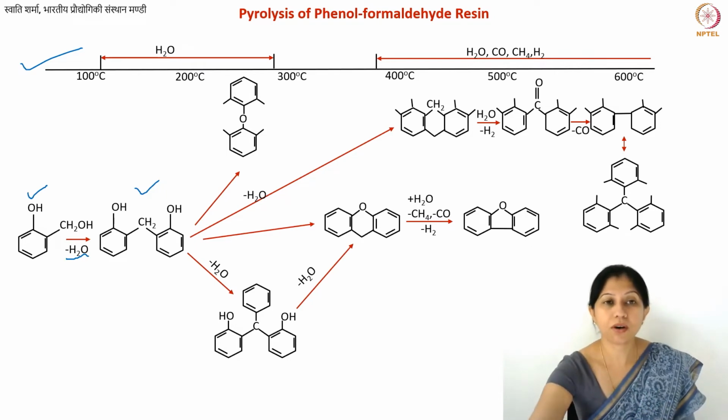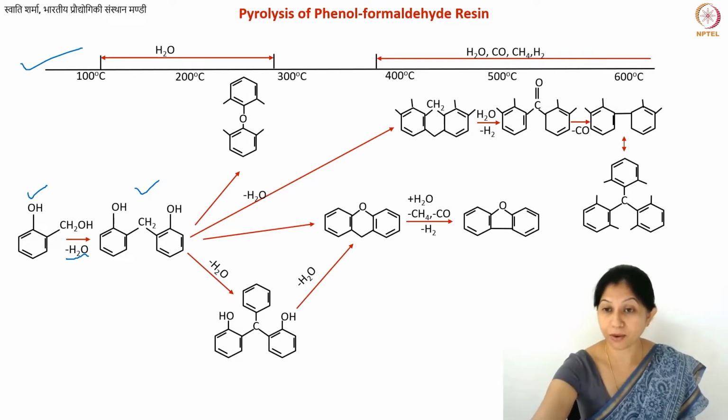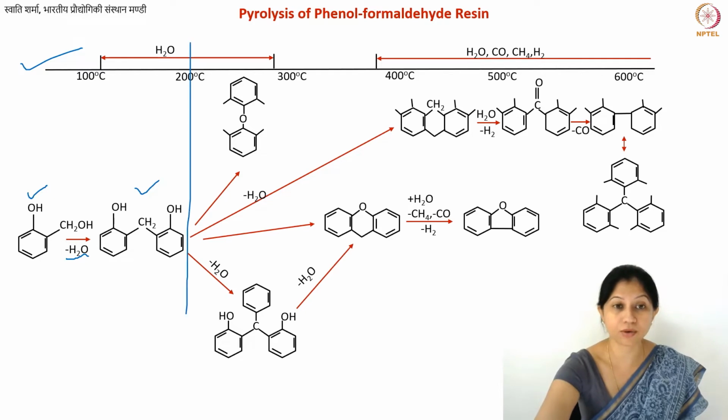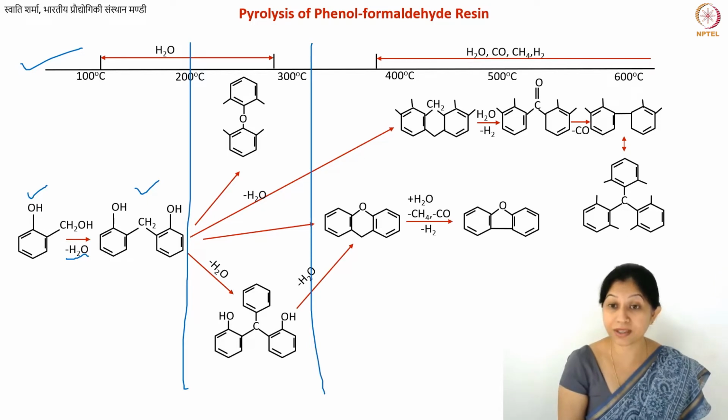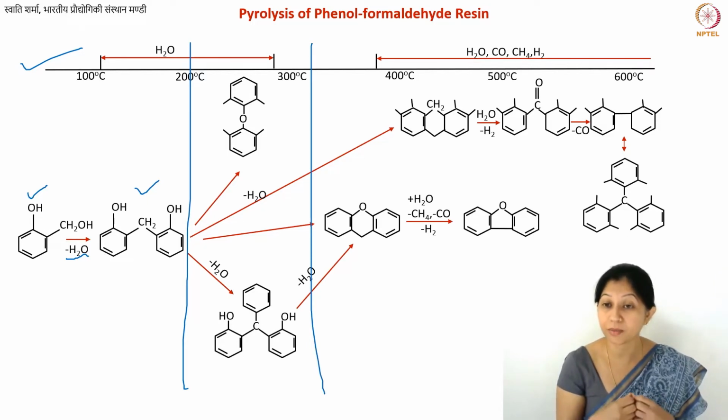Okay, if you increase the temperature from room temperature, let's say you go to 200 degrees, and then you go to 300, these are some of the compounds that have been found in the analysis of the pyrolysis product. You can see that it's not just one type of molecule.